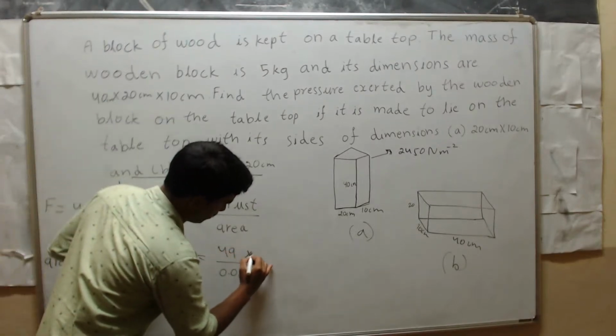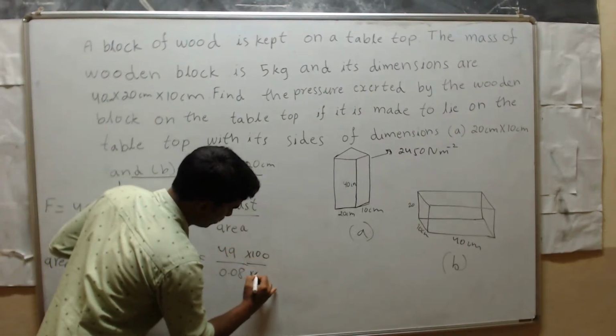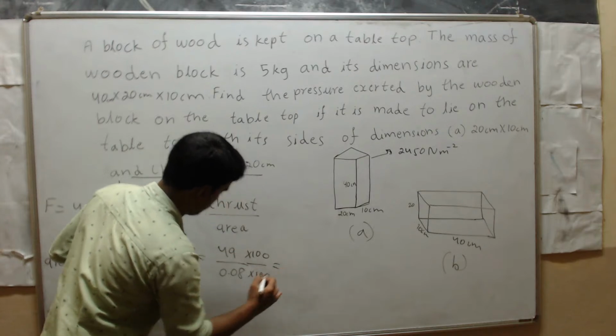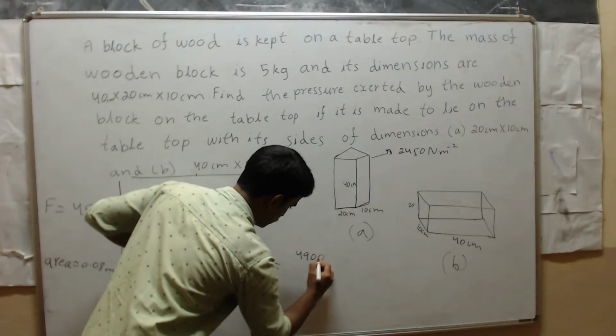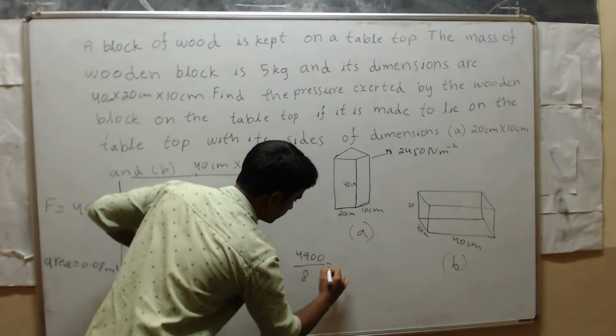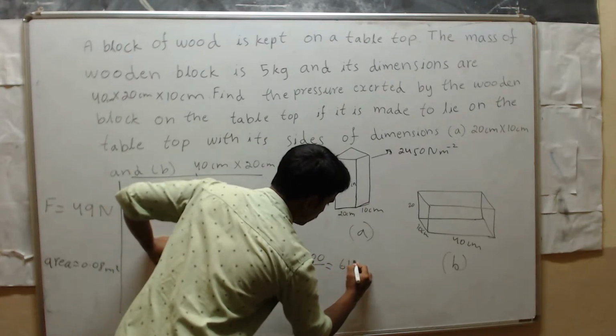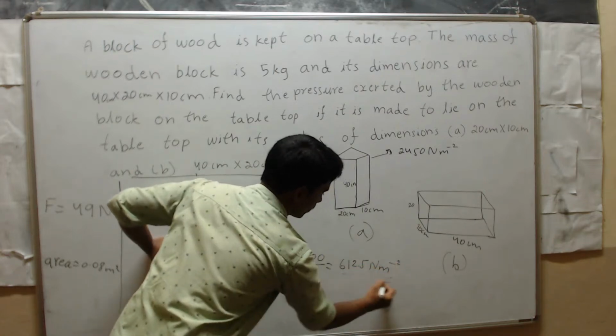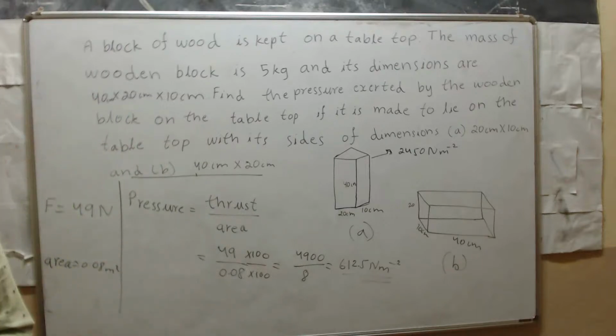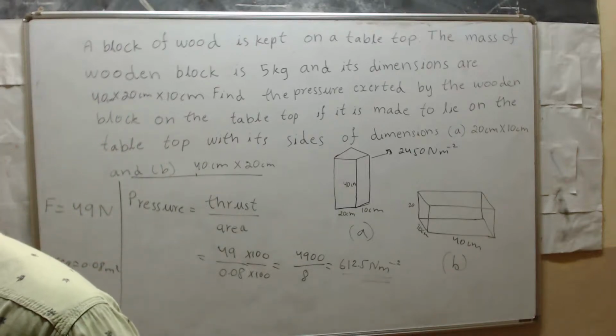Now just multiply by 100 and divide by 100, which is equal to 4900 divided by 8. So you will get the answer 612.5 Newton per meter square. Clear?